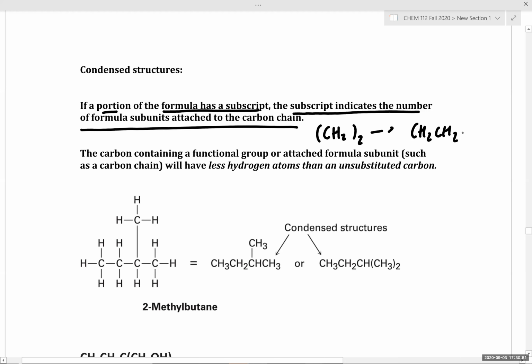A carbon containing a functional group or attached formula subunit will have fewer hydrogen atoms than an unsubstituted carbon. So I'd like you to pay attention to this boxed carbon.